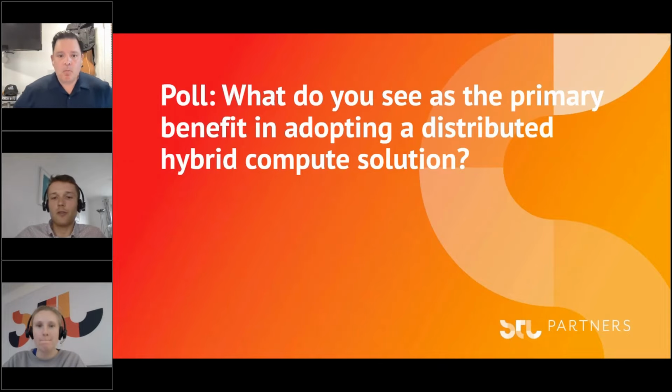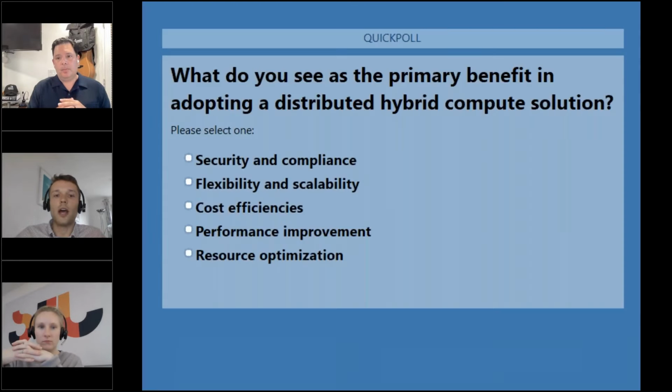So now we're going to ask the audience, what do you see as the primary benefits in adopting a distributed hybrid compute solution? So again, there are 5 options. For option 1, please select security and compliance. For option 2, select flexibility and scalability. If you think it's really around cost efficiencies, then option 3, performance improvement for option 4, and then finally resource optimization for option 5.